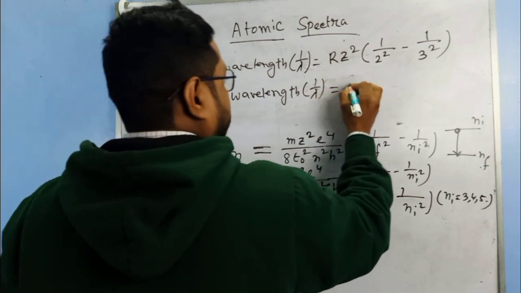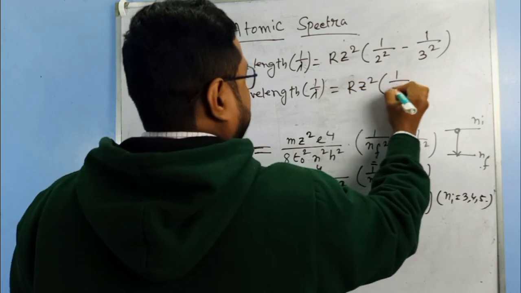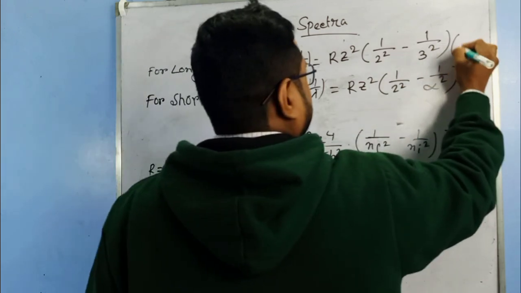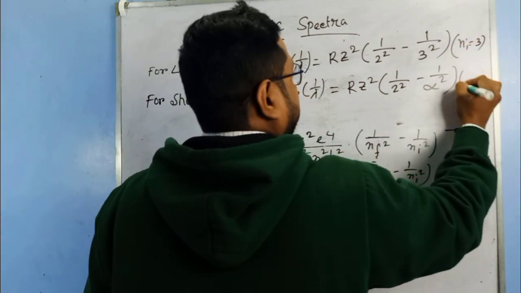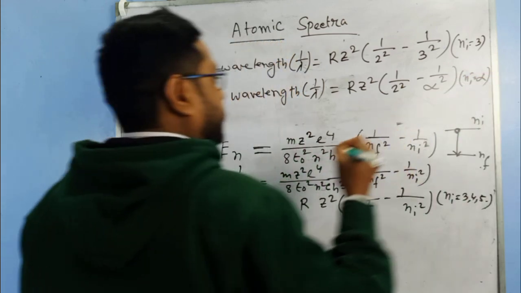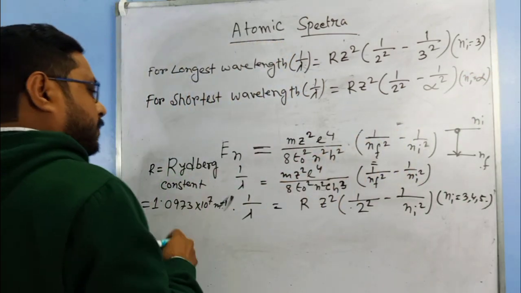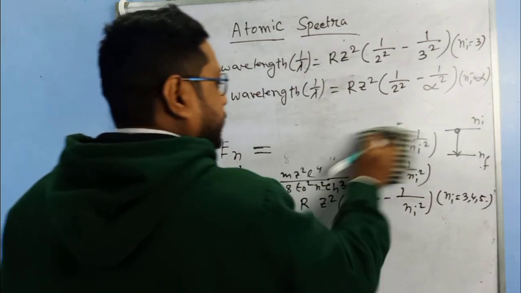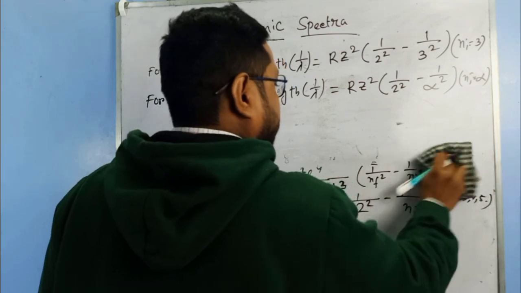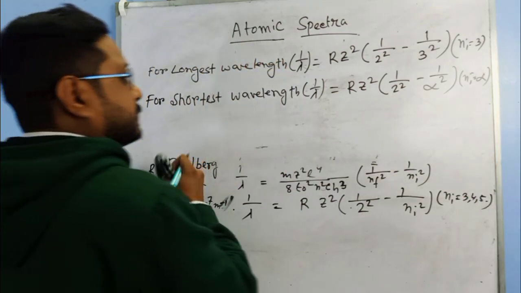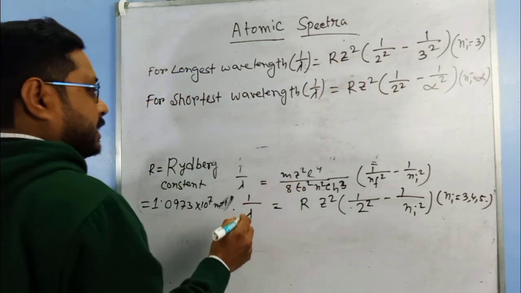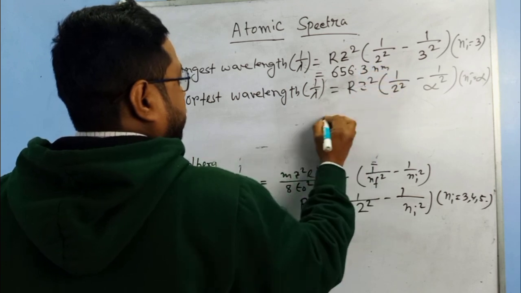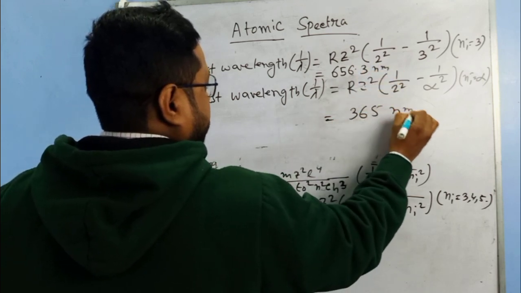Wave number equal to R z square, 1 by 2 square, but here ni equal to infinity, 1 by infinity square. So, here we take ni equal to 3, and here we take ni equal to infinity. If we put in the values, we get the longest wavelength as 656.3 nanometer, and the shortest is about 365 nanometer.